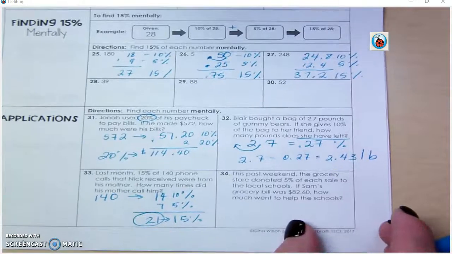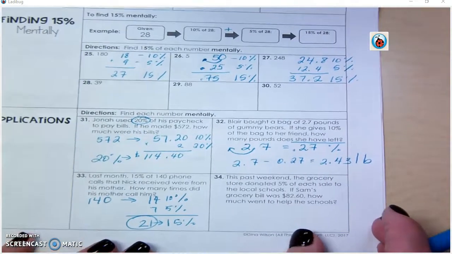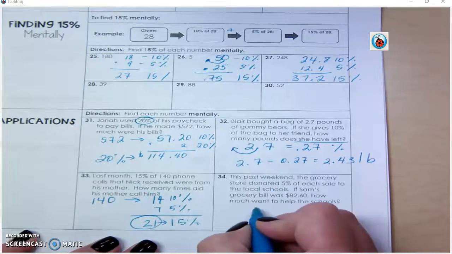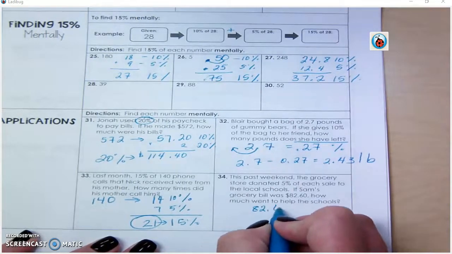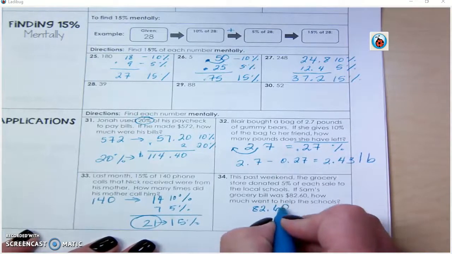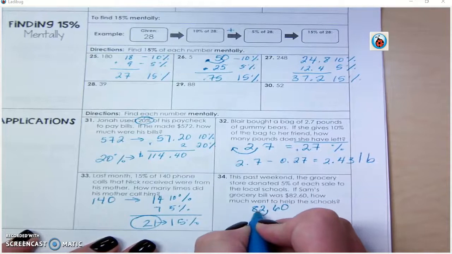And the last question, guys, we have a 5% question. So this past weekend, the grocery store donated 5% of each sale to the local school. If Sam's grocery bill was $82.60, how much went to help the schools? I'm glad we have these scenarios because you are seeing these transformations being done on the decimal question.